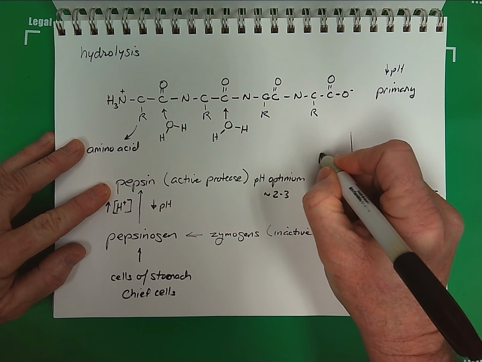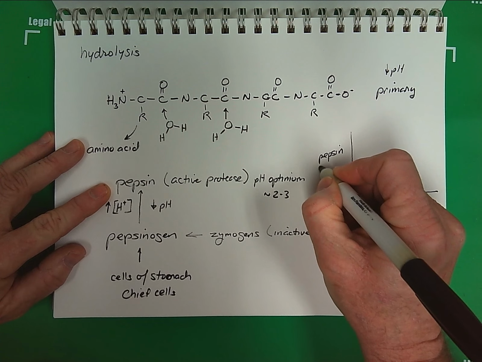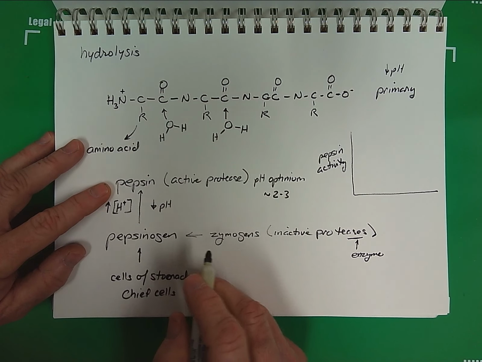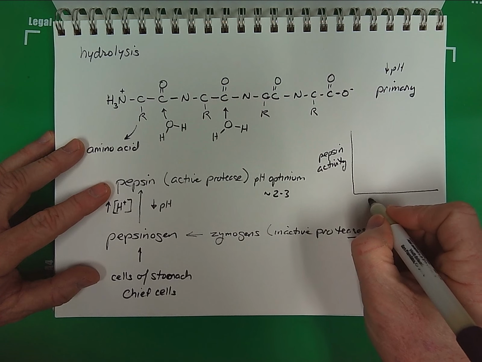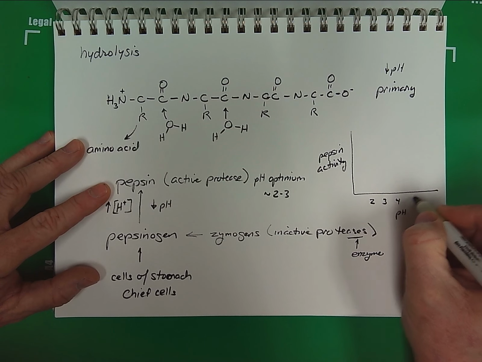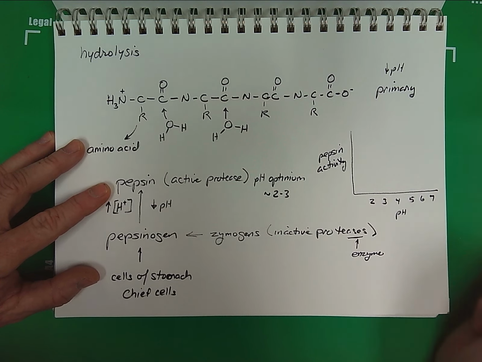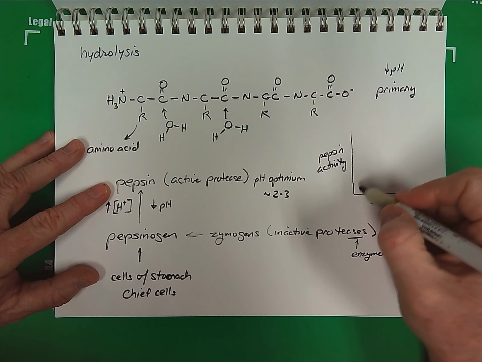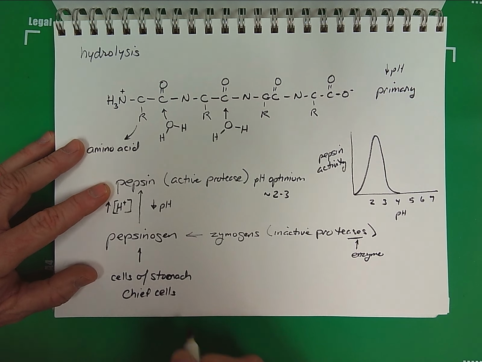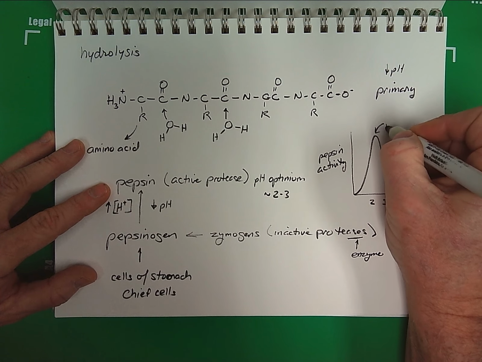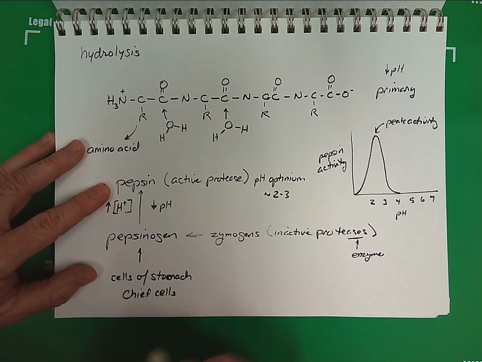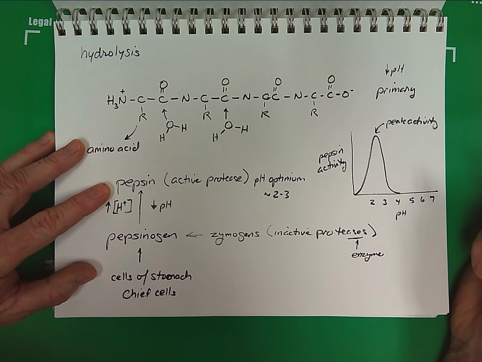So if we look at pepsin activity as a hydrolytic enzyme to digest protein, and we look at pH on the x-axis, what we would see with this enzyme is activity like this. So the peak activity of this particular enzyme is going to be around 2 to 3.